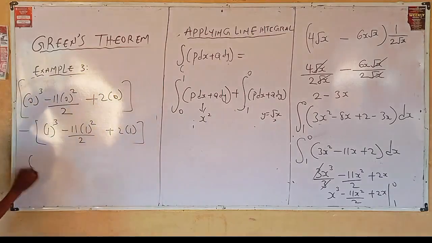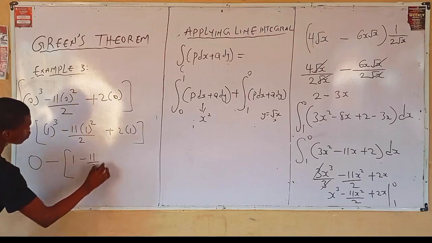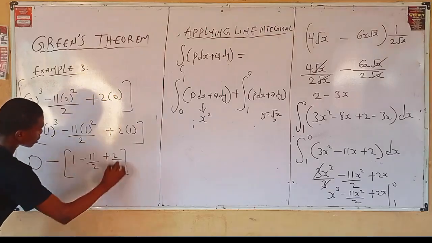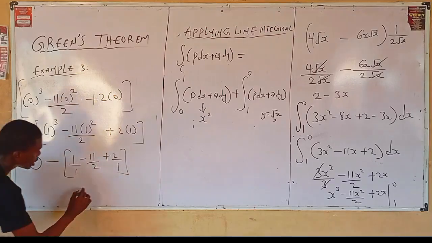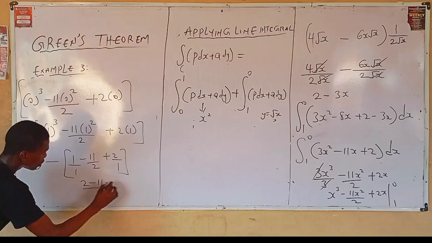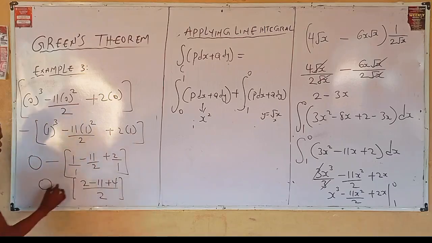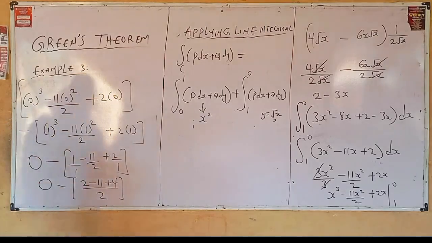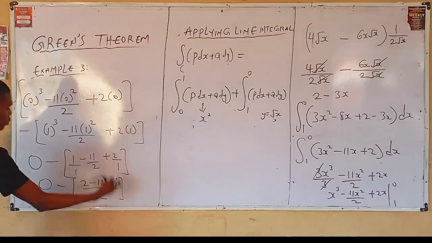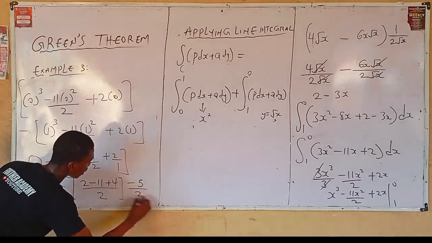Meaning that you have 0 minus all into bracket 1 minus 11 over 2 plus 2. Take LCM. What do you have? You have 2 minus 11 plus 4. Then from here, 2 minus 11 is what? Negative 9. Negative 9 plus 4, meaning negative 5. You have negative 5 over 2.